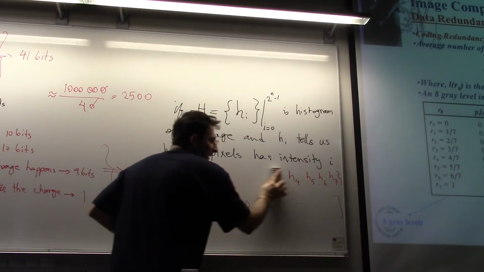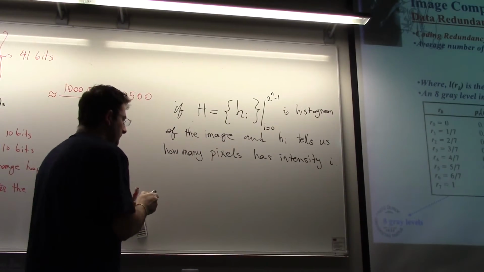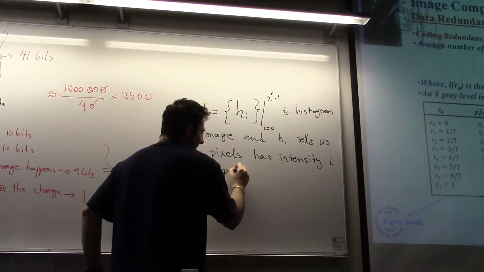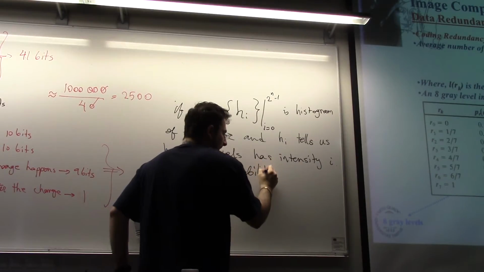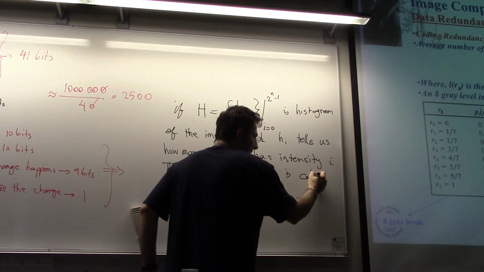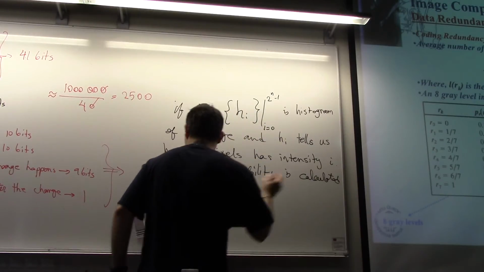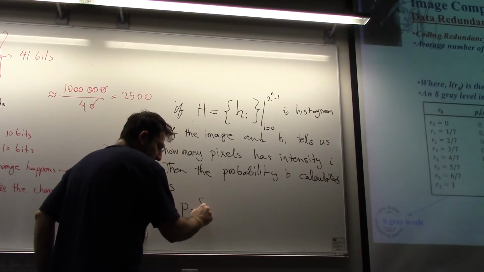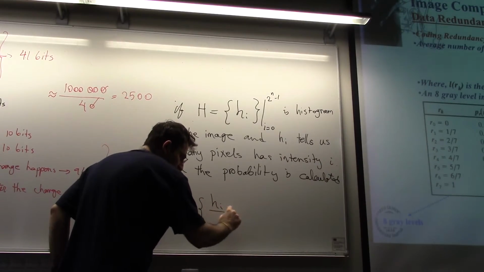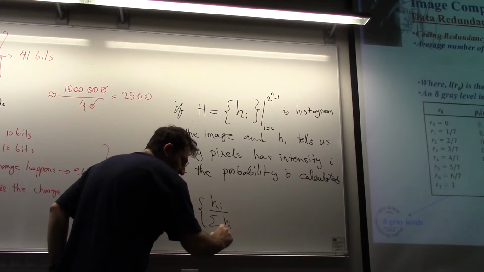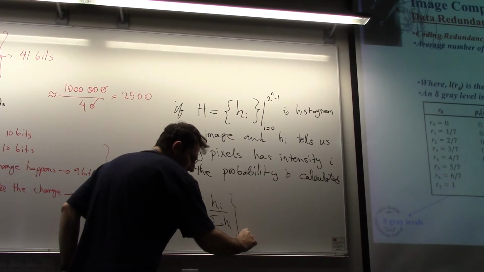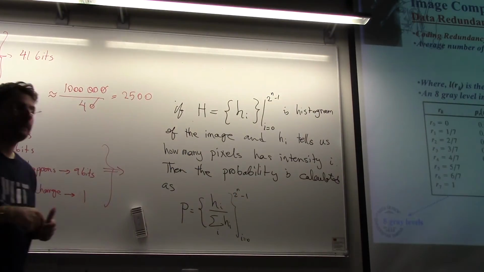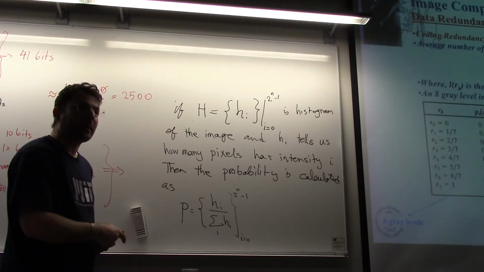So, if this is the histogram, then the probability is calculated as, we call it P, h_i divided by the summation of all h_i's for i from 0 to 2 to the power n minus 1. Right? So these are the probability values.